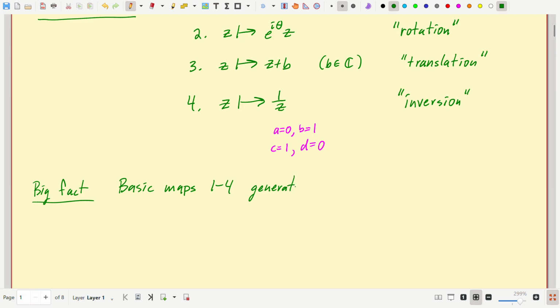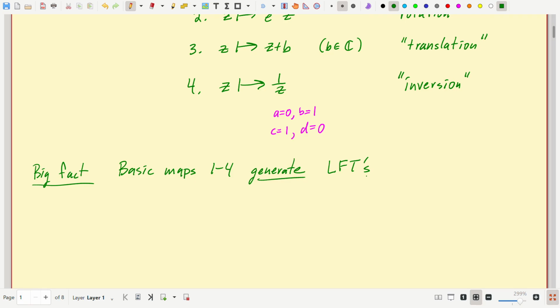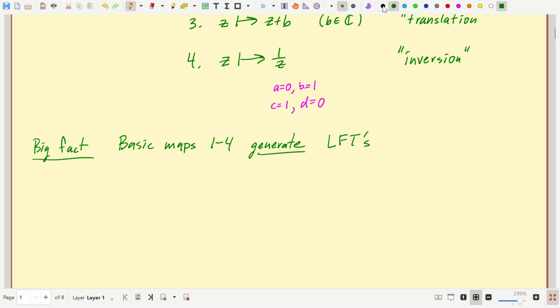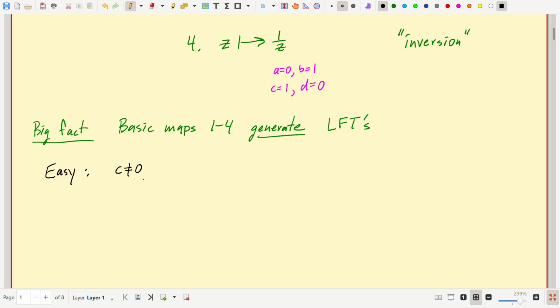It means I can build up one just by doing a sequence of those basic maps and composing them. Okay, so let's think about why that's the case. It's easy. The case c equals 0 is even easier. Let's do the c unequal to 0 case, so there's something in the denominator besides a constant.